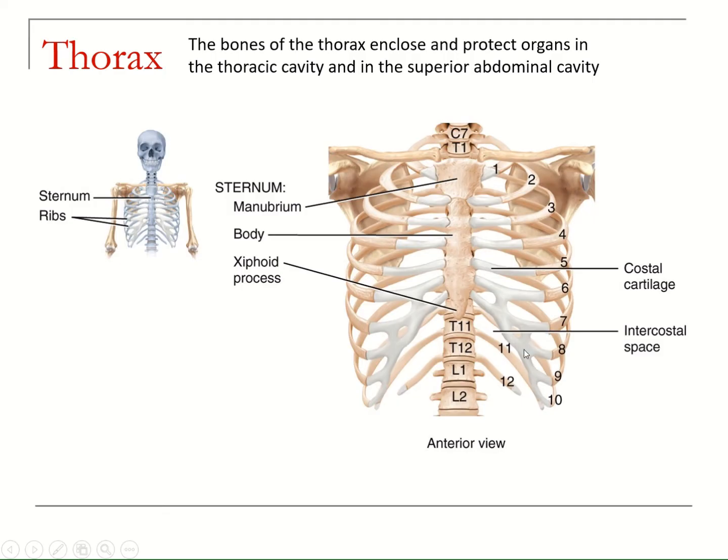So not directly articulating with the sternum. Your ribs 11 and 12 are your floating ribs because they're just floating, with no articulation with the sternum or the costal cartilages above them.